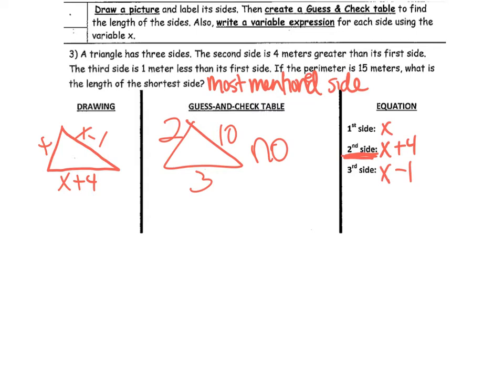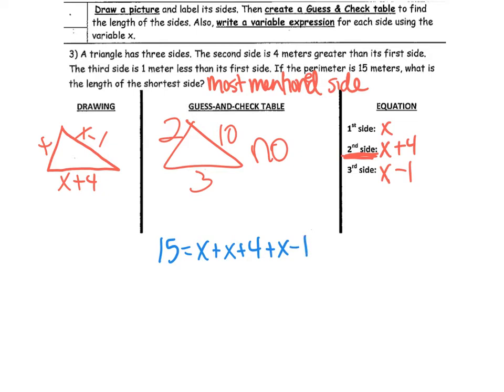Okay, here we go. They all three add up to 15. How do I write that as an equation that they all add up and then they get 15? Someone tell me what to write. Yes? 15 equals x, first side, plus x plus 4, that's the second side, plus x minus 1, that's the third side.